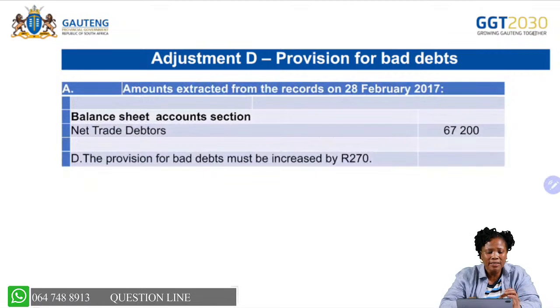That is the information that is given to us. And that begins to tell you that if it's net trade debtors, there are figures that have been taken out already. And remember also with your provision for bad debts, we have already taken out something.